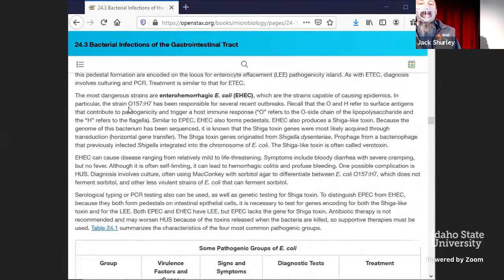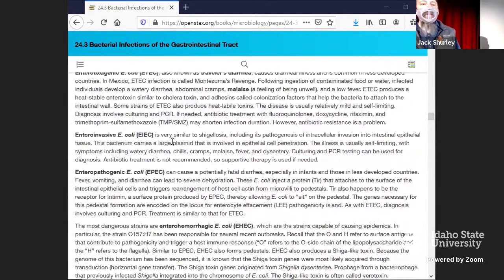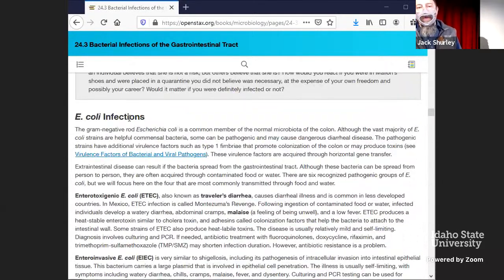As we said, the O157:H7, all right? Enterohemorrhagic E. coli is the O157:H7. But there are a number of different types of E. coli infections, all sorts of different possibilities, and it's slight variations that they harbor that set the stage for different types of reactions in ourselves.